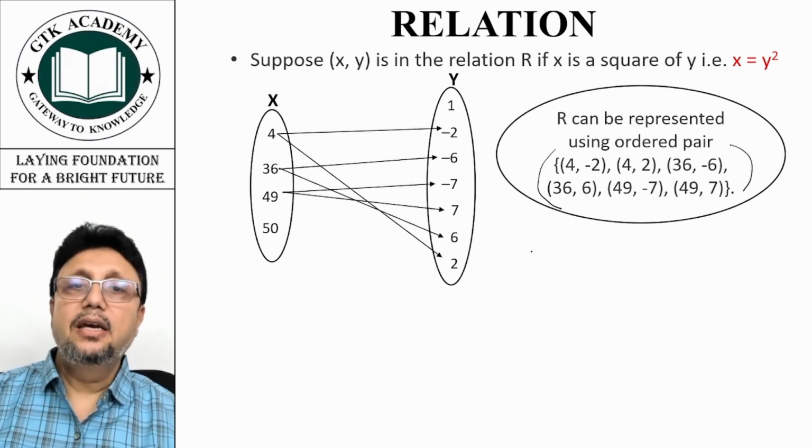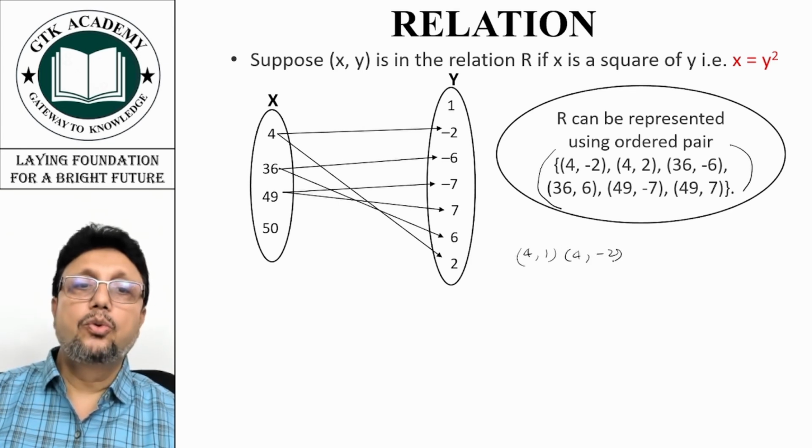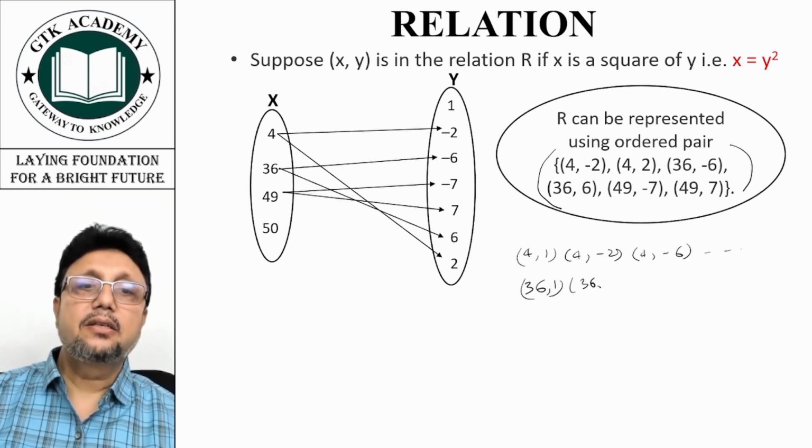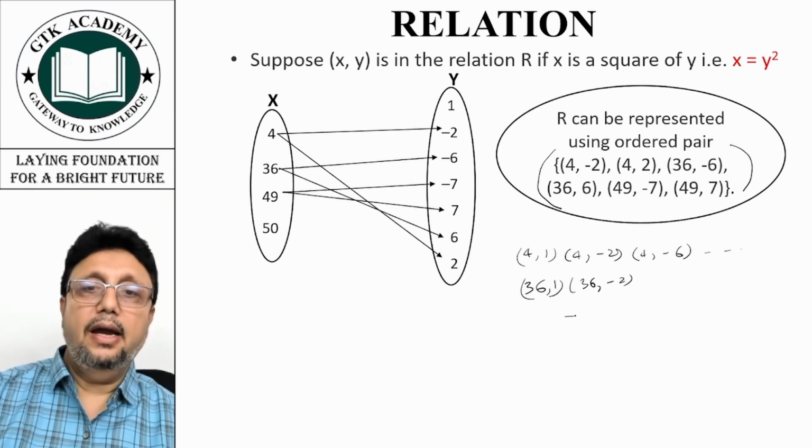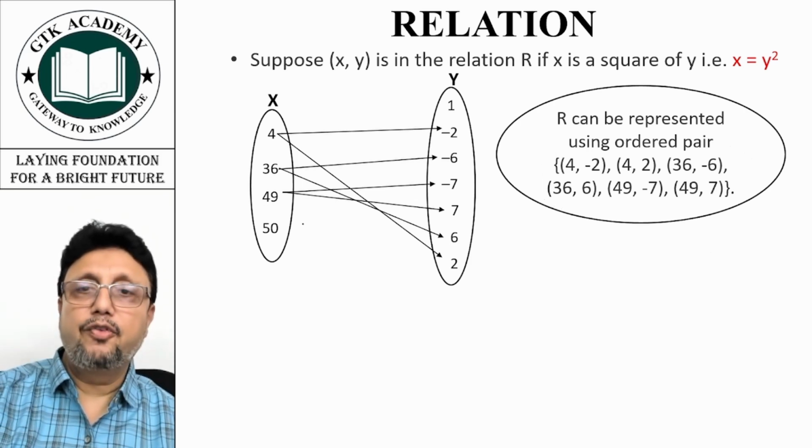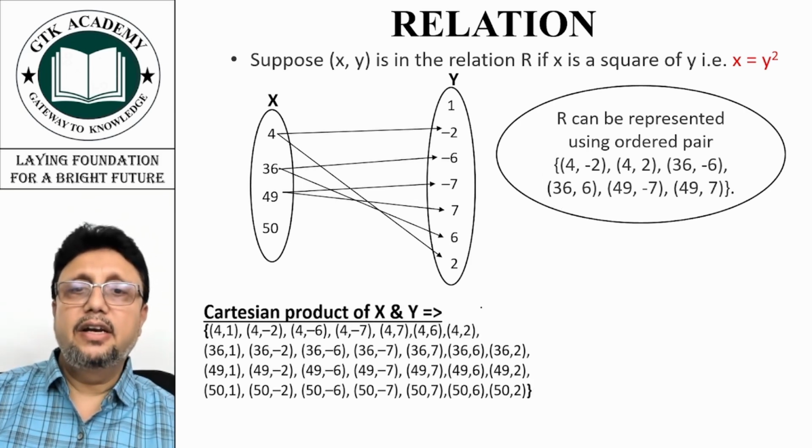But if you see the Cartesian product, there will be (4, 1), (4, minus 2), (4, minus 6), then (36, 1), (36, minus 2), and similarly for 49 and 50. So I have written it here.